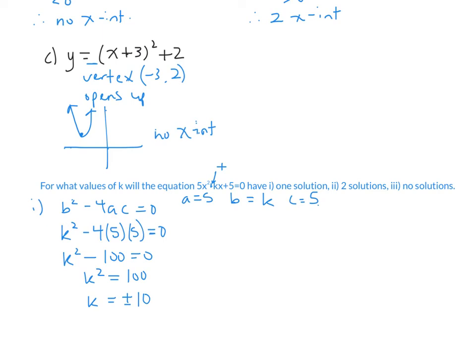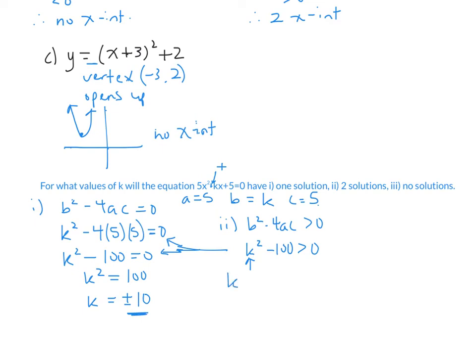Okay? Now for the second part, to have 2 solutions, this b squared minus 4ac has to be greater than 0, which then means when I have my k squared minus 100, that has to be greater than 0. I've already done my b squared minus 4ac right here, so I'm just using this information to help me out. So that means my 2 values that I got in part A were positive 10 and negative 10.